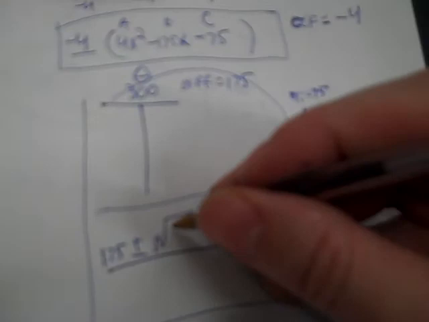So opposite of B, so it'd be 175. The square root, parentheses to the second, minus 3 of these in a row. So B is negative 175, and then 4, A is 4, and C is negative 75. And then I have 2 and 4.